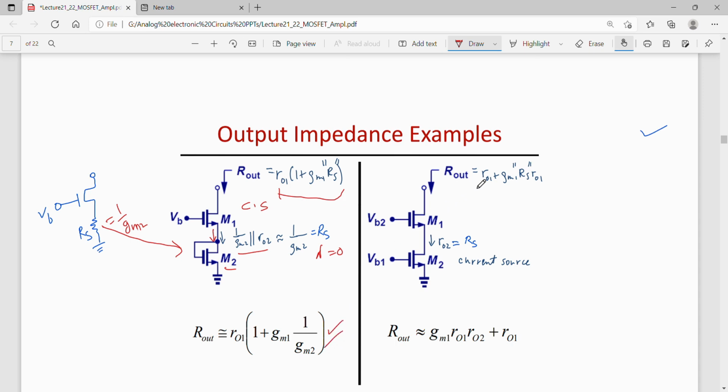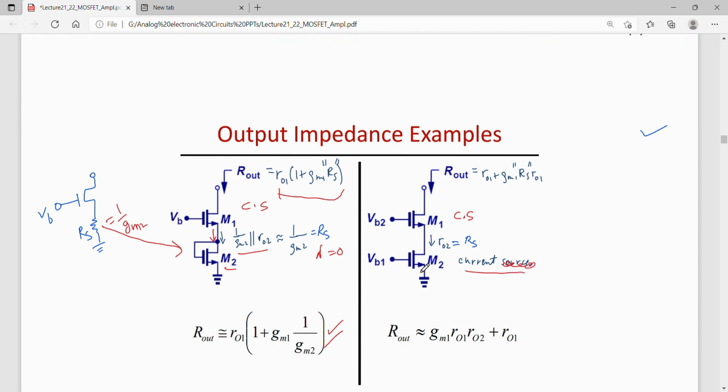Now another example here. In this example, this is a common source stage, and we are using NMOS as a current sink here, for sinking the current to the ground. So that is the output.